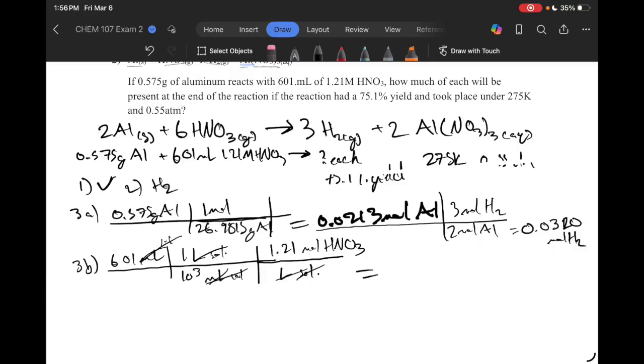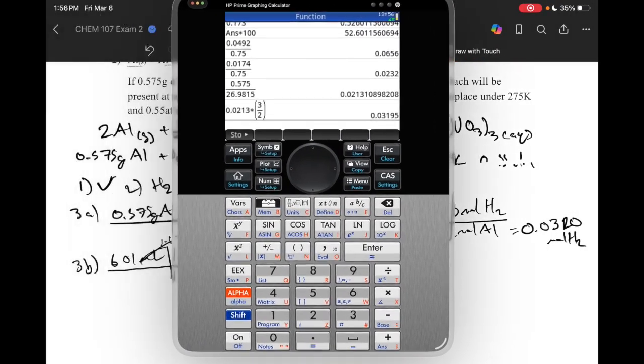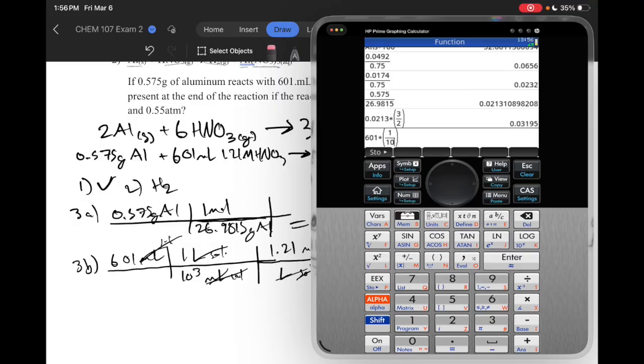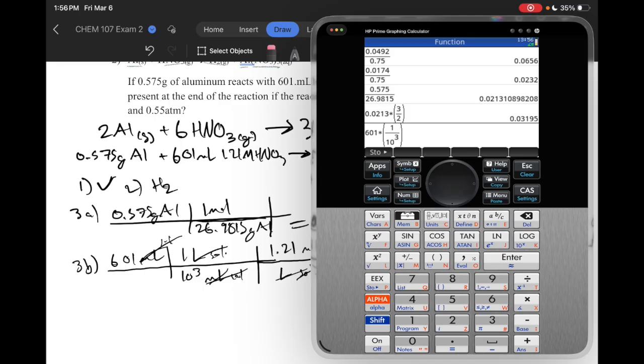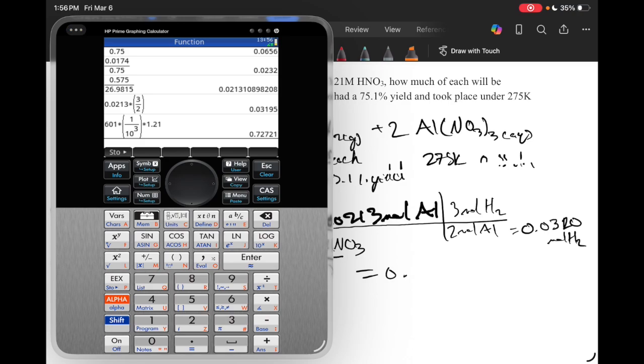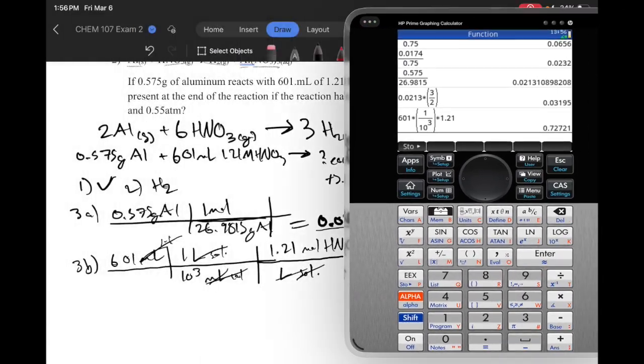So that's going to give us 601 times 1 over 10 to the 3 times 1.21. It's going to give us 0.727 moles of HNO3. Cool.